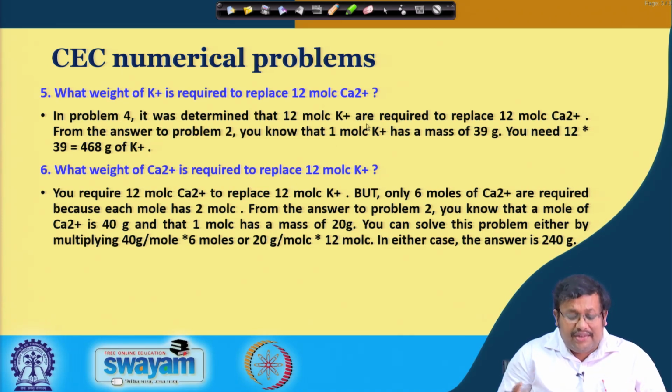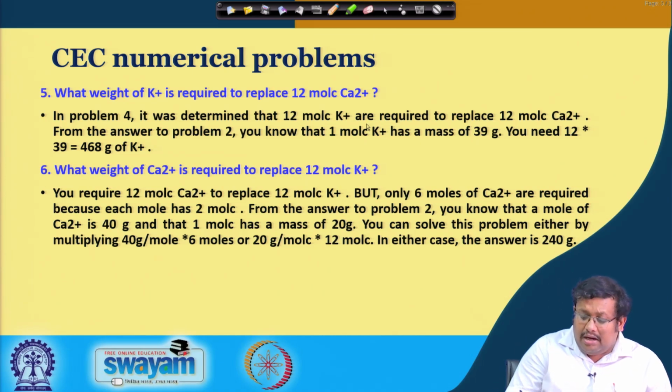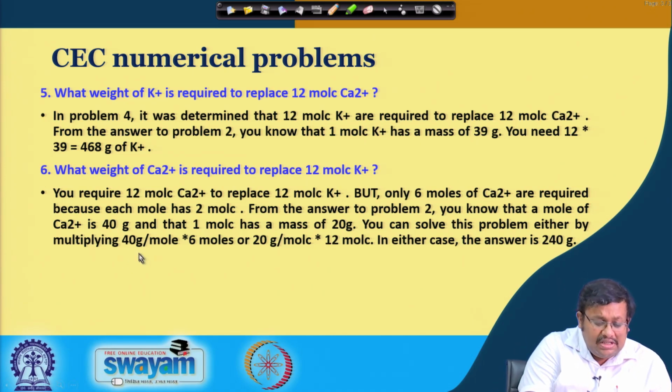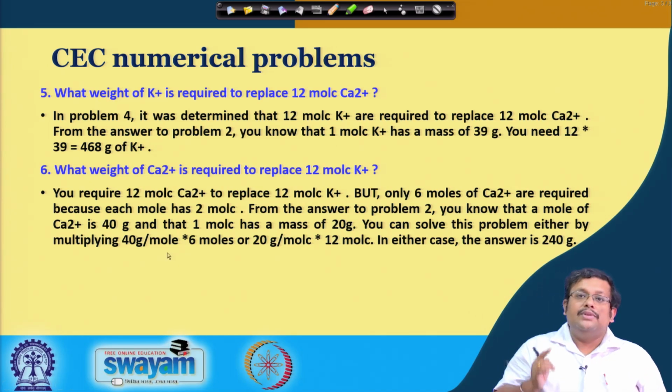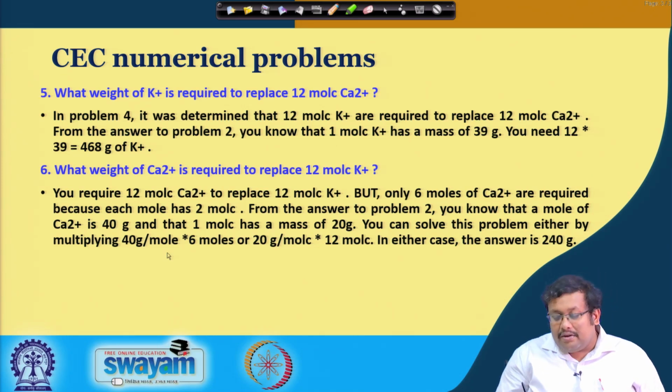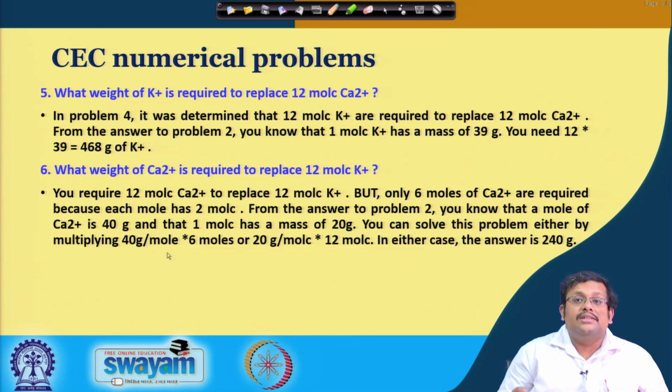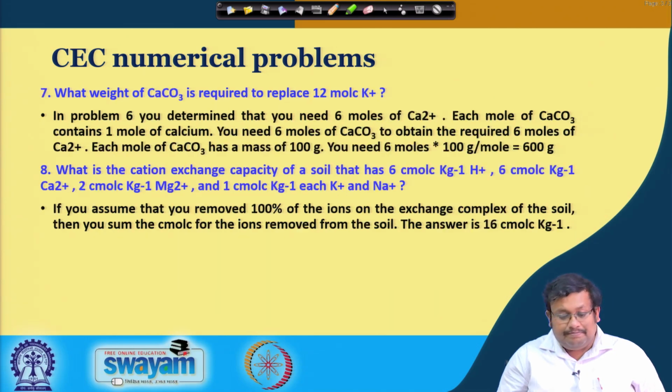So, 6 multiplied by 40 is 240 grams, because we know that 1 mole of calcium ion equals 40 grams. So, 6 moles of calcium ion will be 240 grams. So, this 240 grams of calcium 2 plus ion will be required to replace 12 moles of potassium.